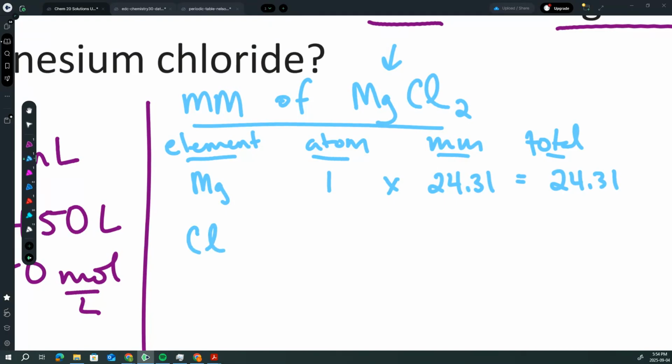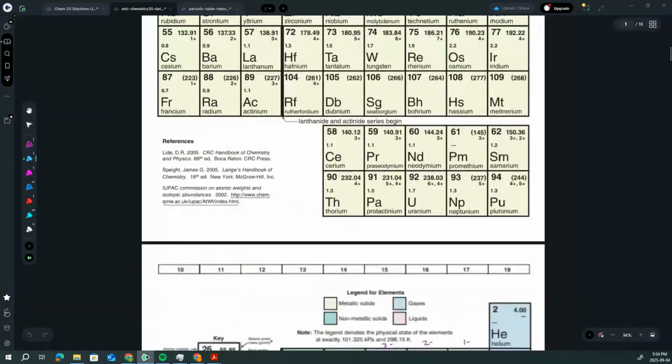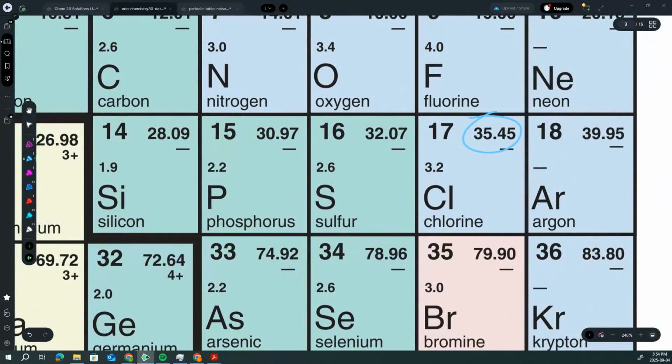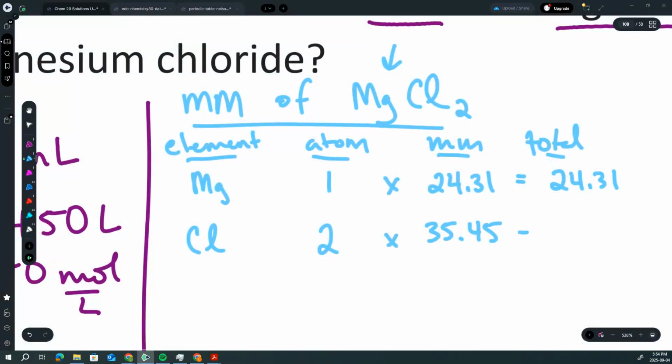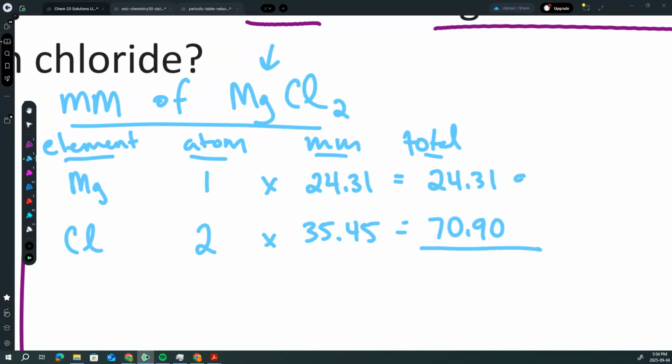And then for the chloride ions, there are 2 of them, and that molar mass is 35.45 if you wanted to check it out. There you go. Okay, so that's going to give us 70.9, and both of these are grams per mole.